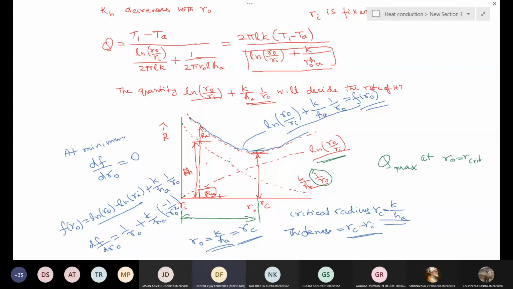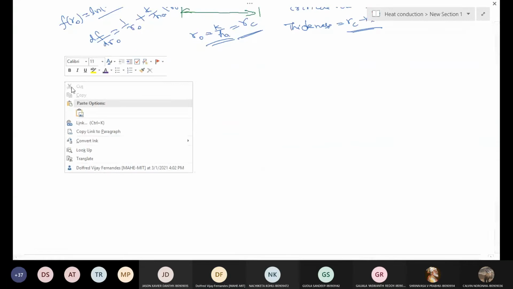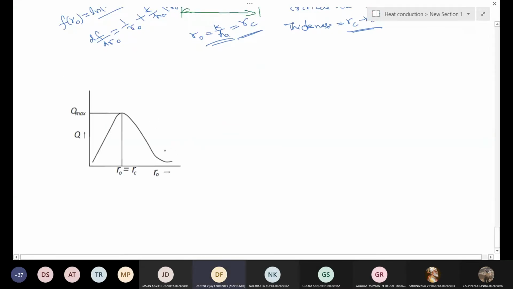So if you plot heat transfer rate versus the outer radius R0, it shows that Q increases with R0 and reaches maximum at the point of critical radius.